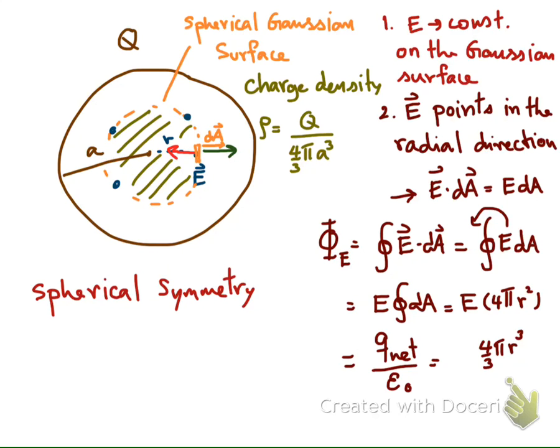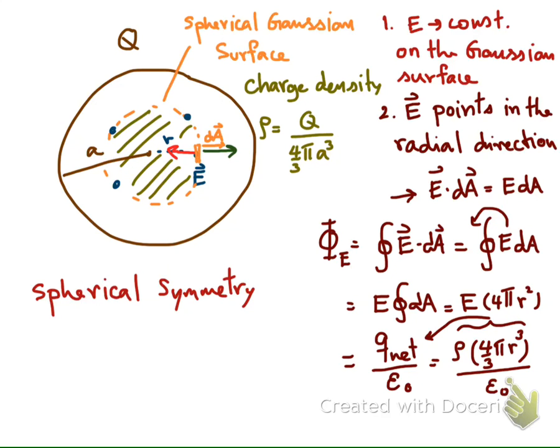If we multiply this volume with the charge density, rho times 4 over 3 pi r cubed is Q net. So the flux is equal to rho times 4 over 3 pi r cubed over epsilon 0.